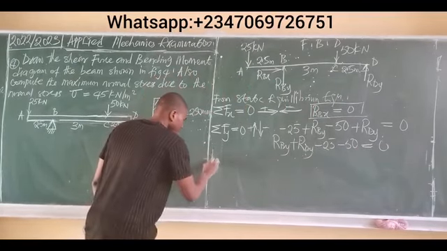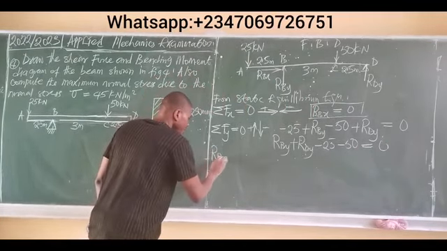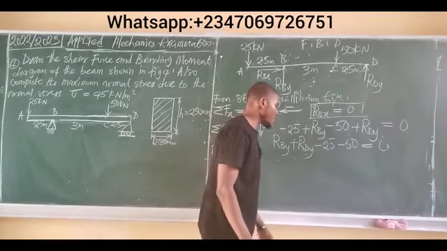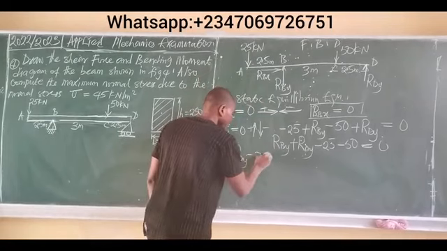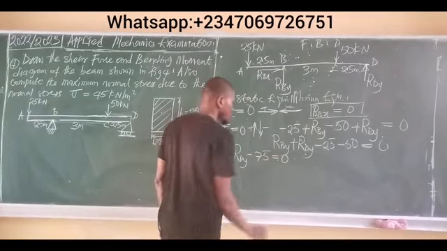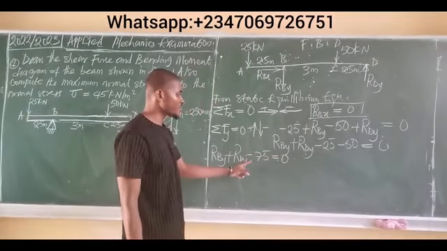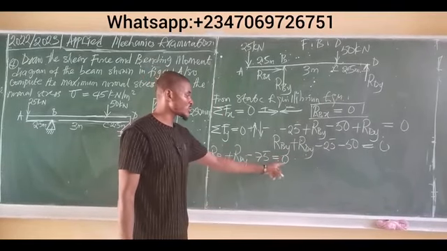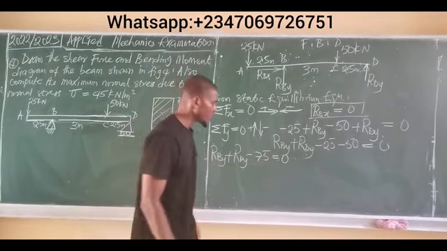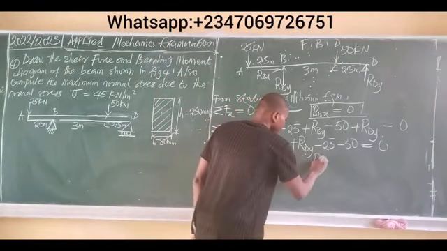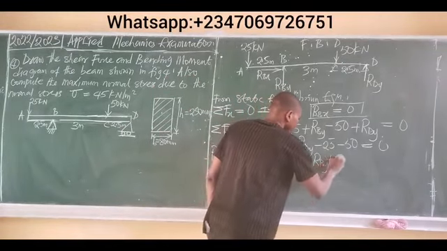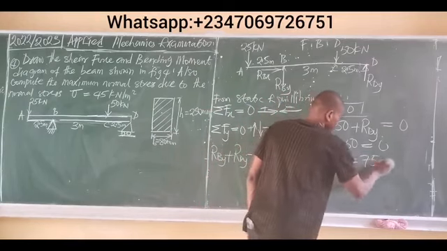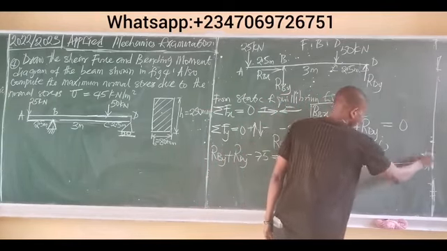So RBY plus RDY minus 25 minus 50 gives us minus 75, and this is equal to 0. So we can simply send minus 75 over to this side of the equation. Negative sign crossing an equal sign becomes positive. So this implies that RBY plus RDY is equal to 75 kilonewtons. Call this equation 1.